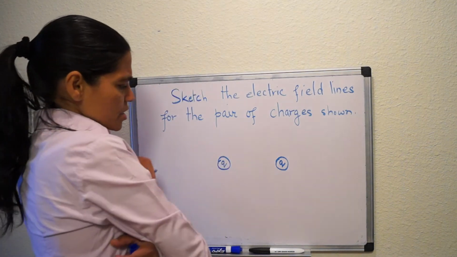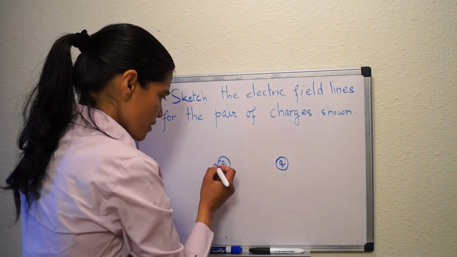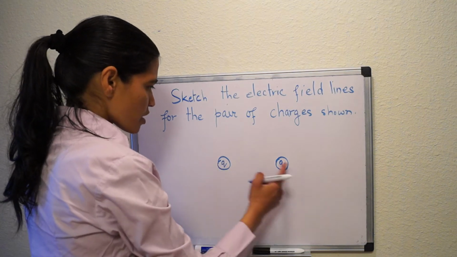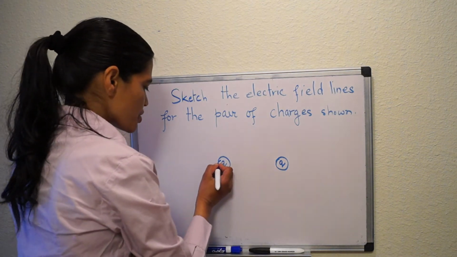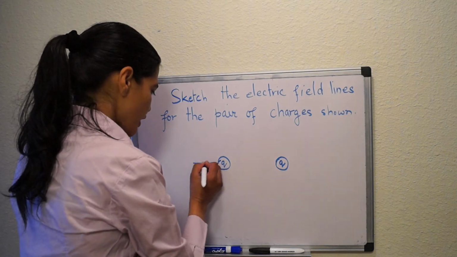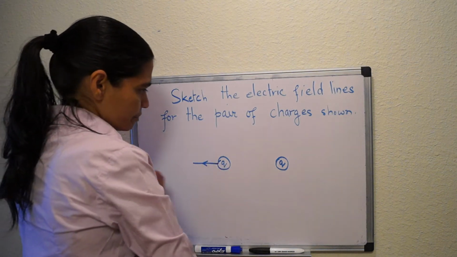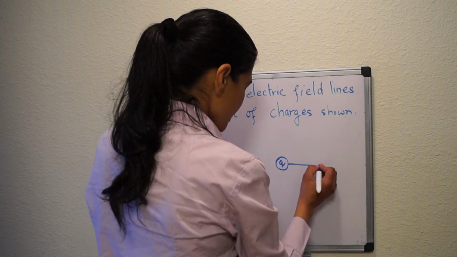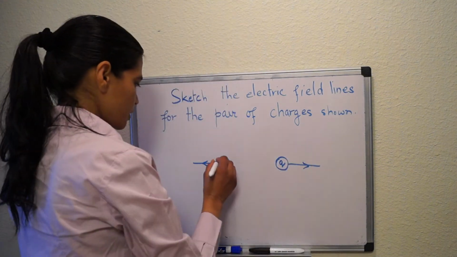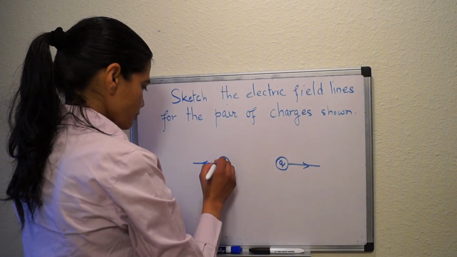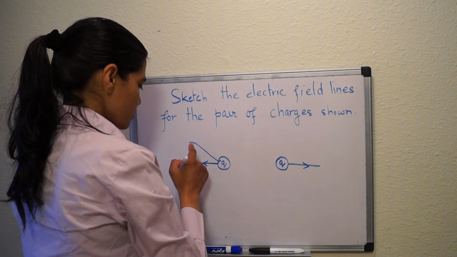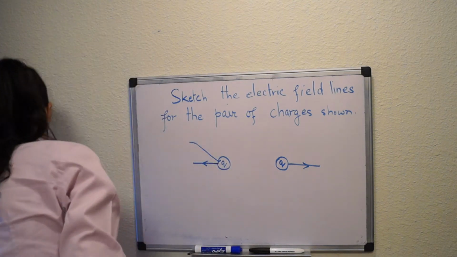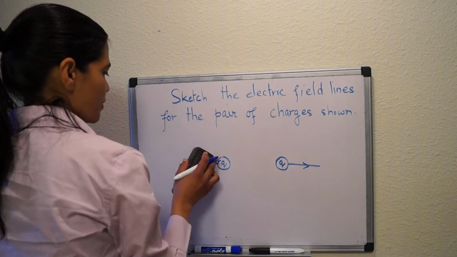So let's see. We know this is the farthest end of the charge, so we can start drawing. Field lines originate from positive charge, so it could go like this. We could also have the same thing here, goes out here. Another line would be more curved.